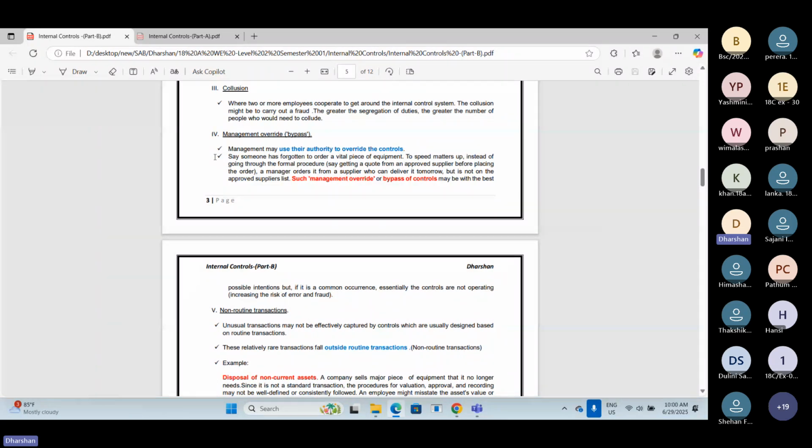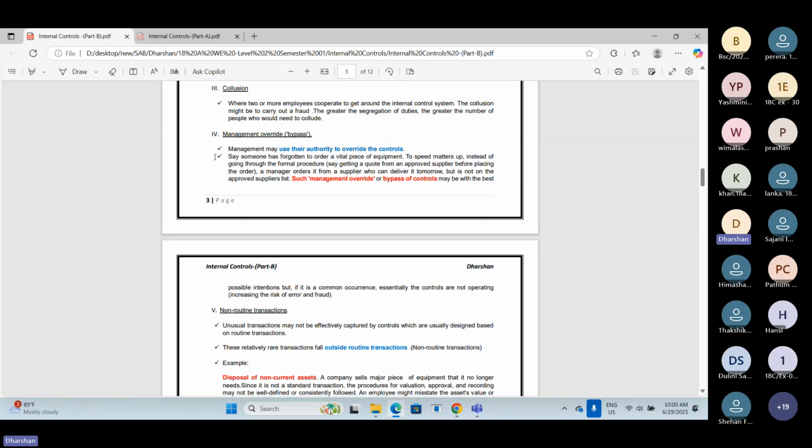That's also a control. They should purchase from an approved supplier who is already approved by the authorized person in the organization. So they pick a supplier from the approved supplier list and make the order. Let's say ABC Private Limited has five suppliers in the approved list.